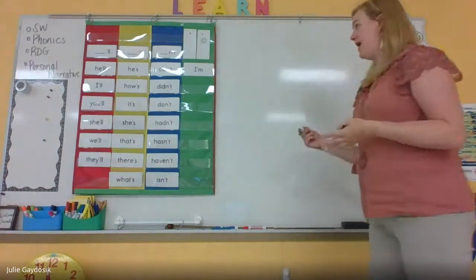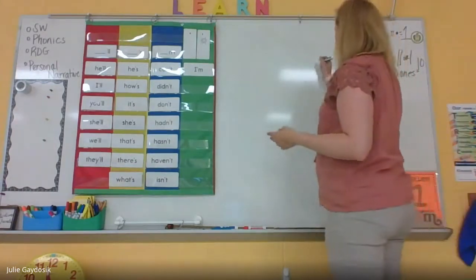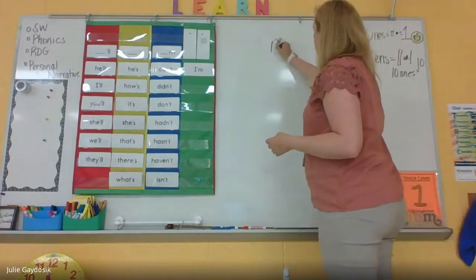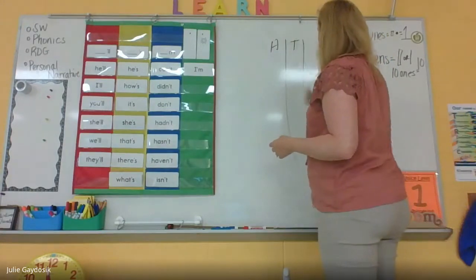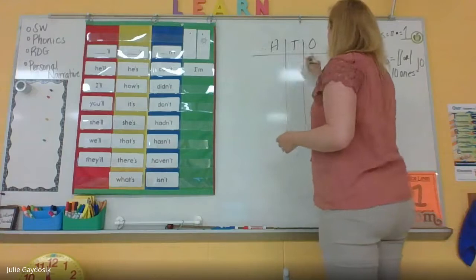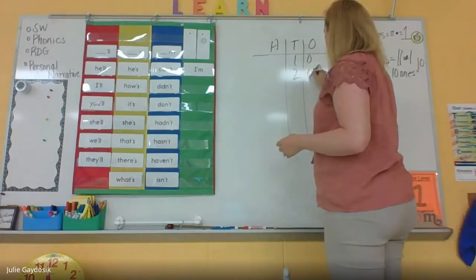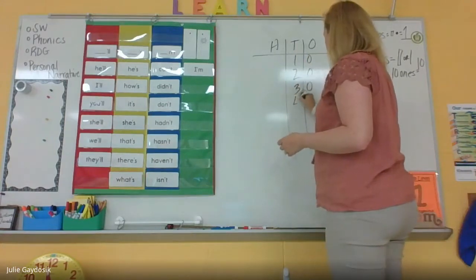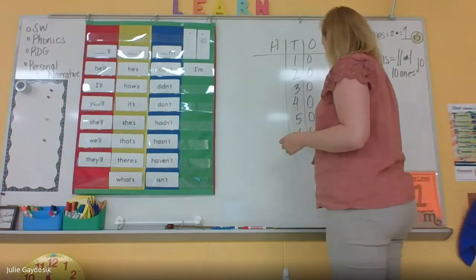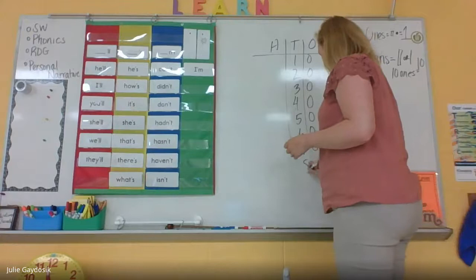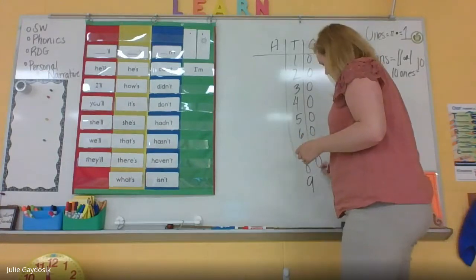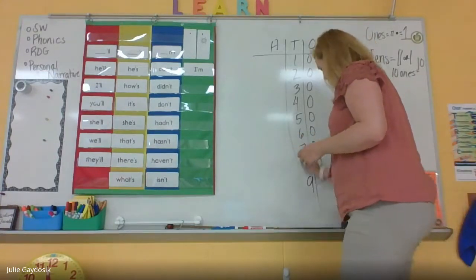Because if you think about it, when we're counting, another little example: 10, 20, 30, 40, 50, 60, 70, 80, 90.